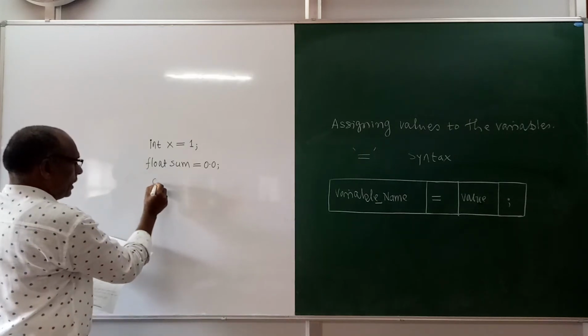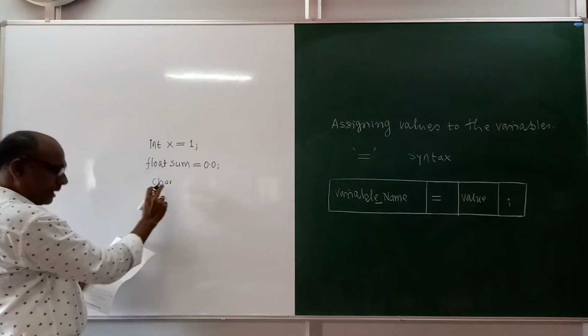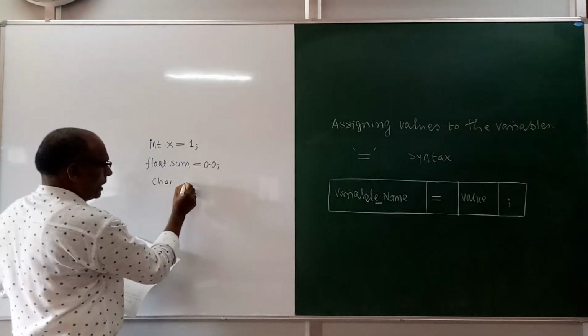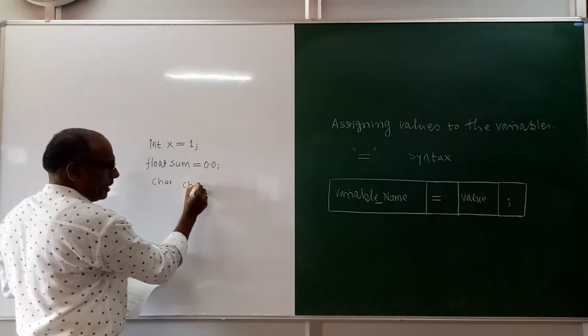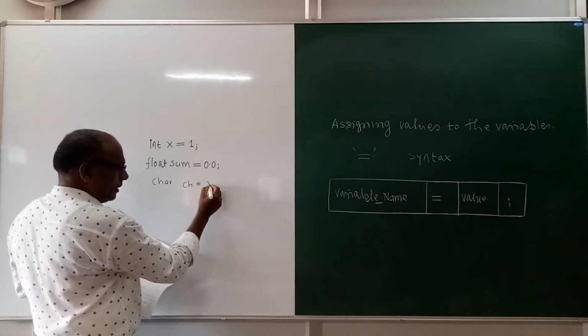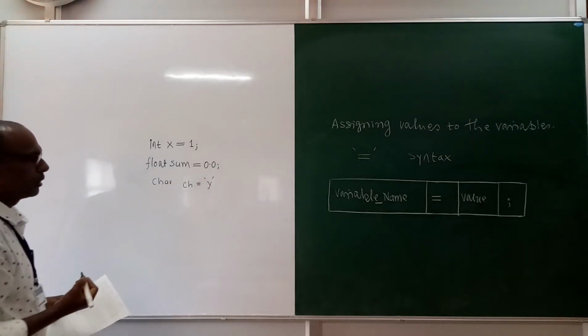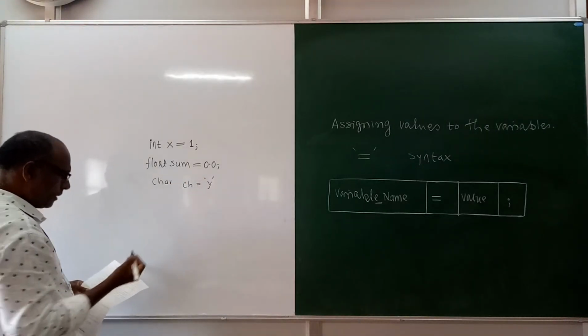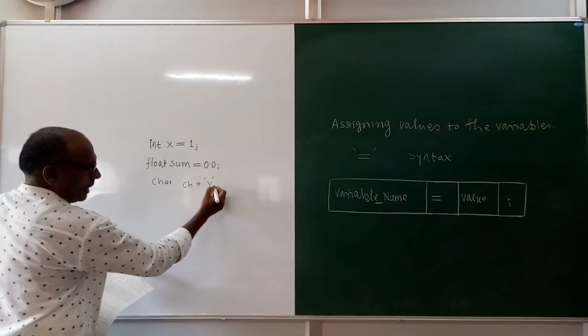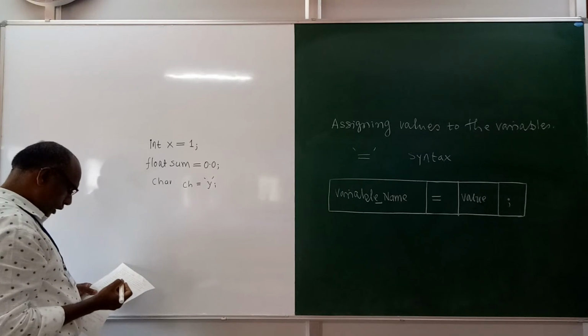Let us take another example, char. It is a data type. We write its variable name ch, operator, and then a character constant here, in apostrophes, with semicolon.